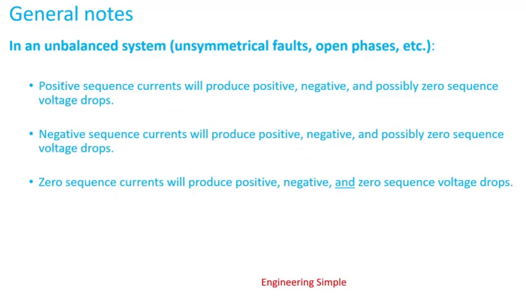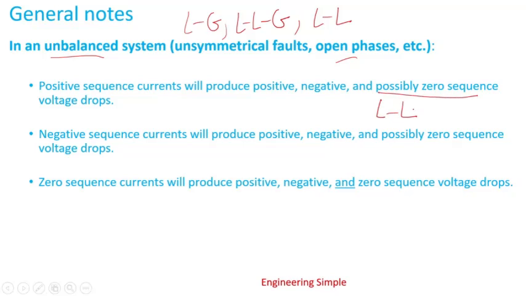In an unbalanced system, unsymmetrical faults, basically line to ground, line to line to ground, open phases, line to line, open phases, etc., positive sequence currents will produce positive, negative, and possibly zero sequence voltage drops. I said possibly zero sequence because with a line to line fault, if it does not involve a ground, there will be no zero sequence, but you will have positive and negative sequence.